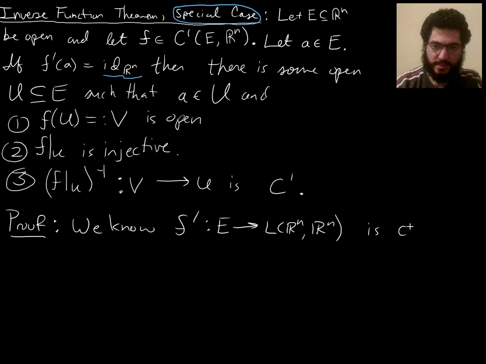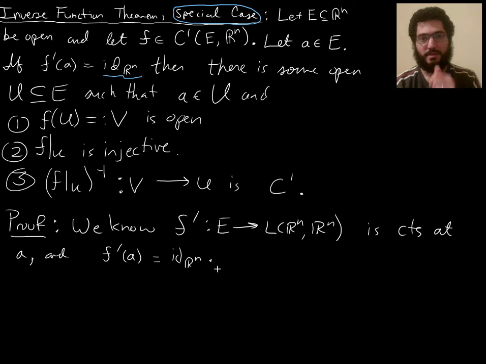We know that this map is continuous, right? That's what it means to say F is C1. And specifically, we care about continuous at A. So it's continuous at A, and we know the value that it takes at A is the identity map.